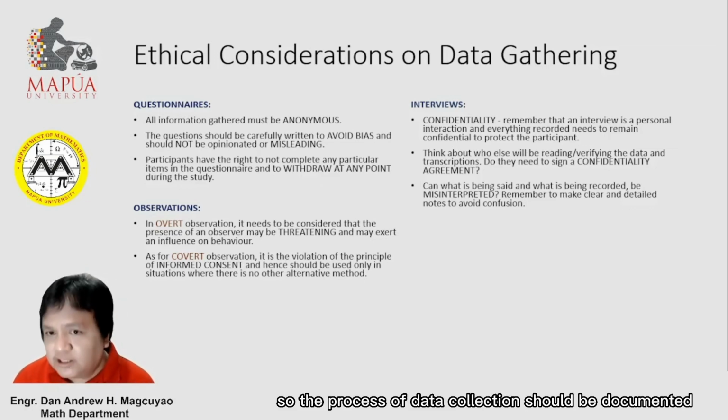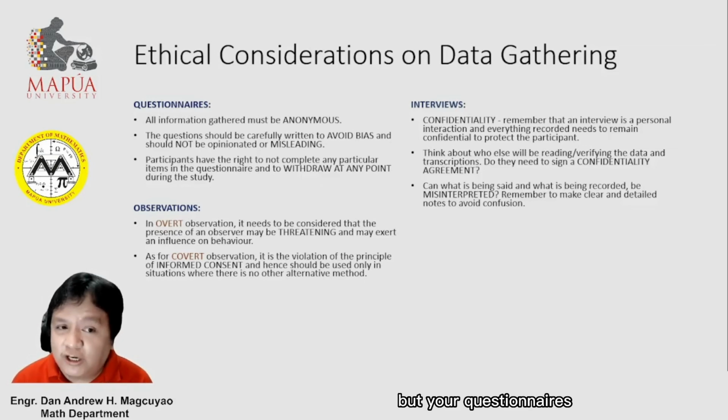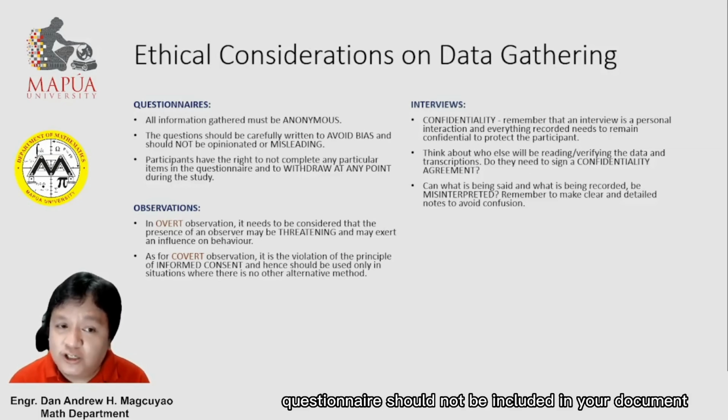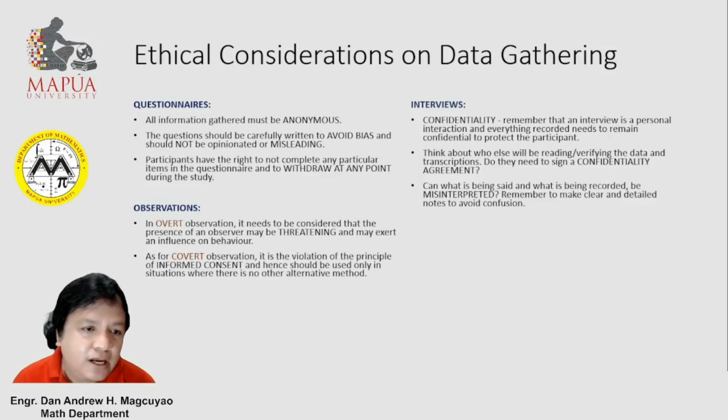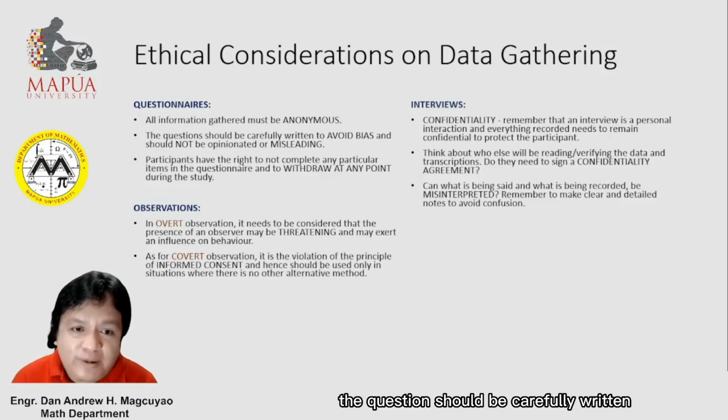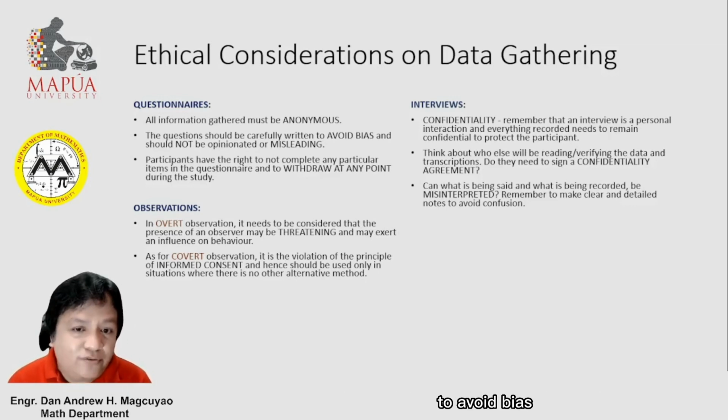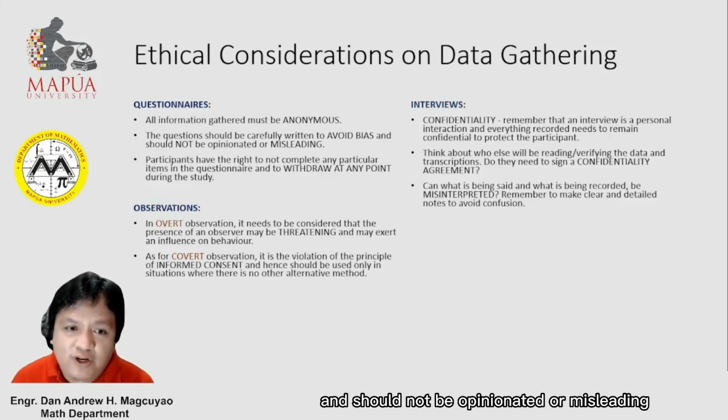So the process of data collection should be documented, but the filled out questionnaires should not be included in your document. The questions should be carefully written to avoid bias and should not be opinionated or misleading.